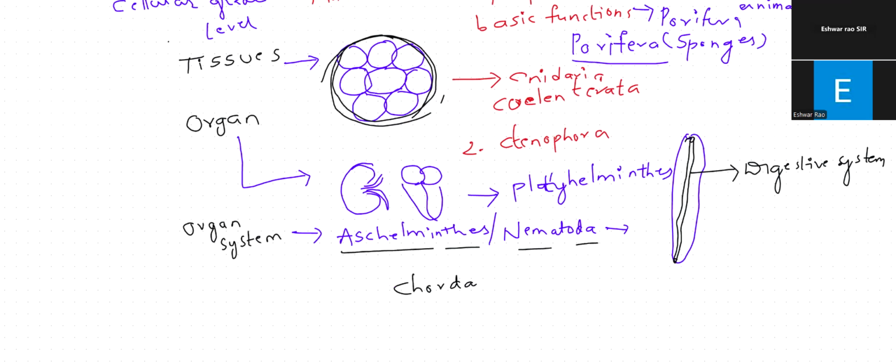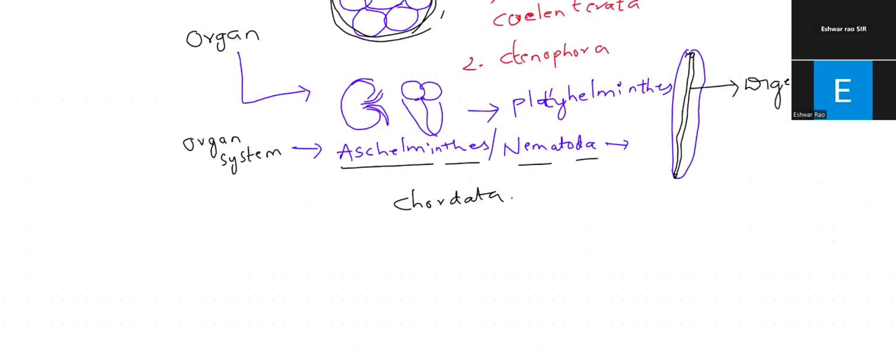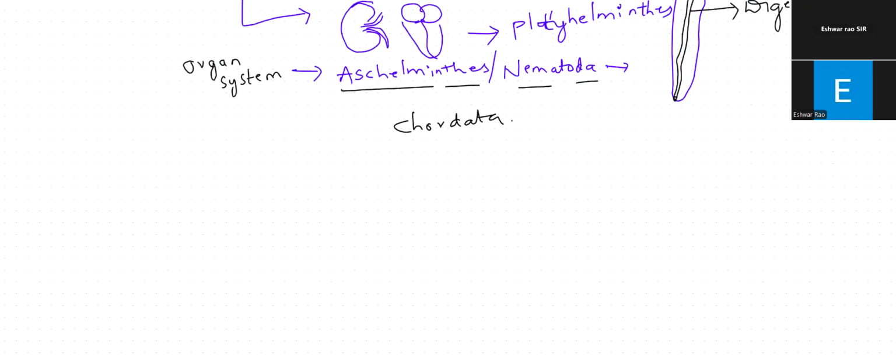That's about levels of organization. So as we know, first cells, the cellular grade of organization.